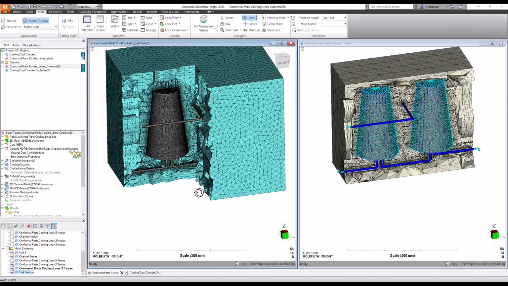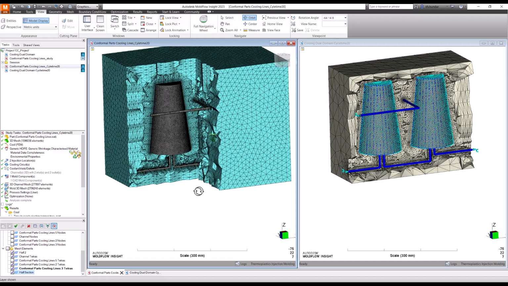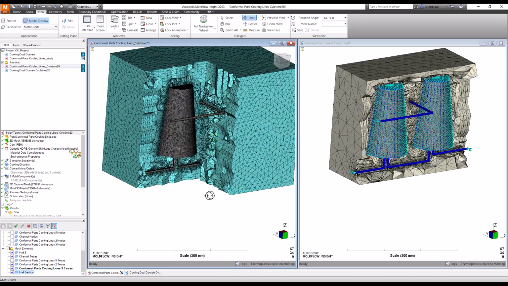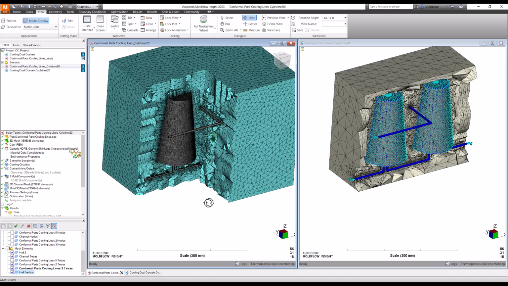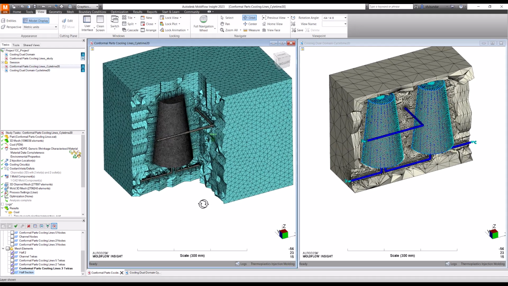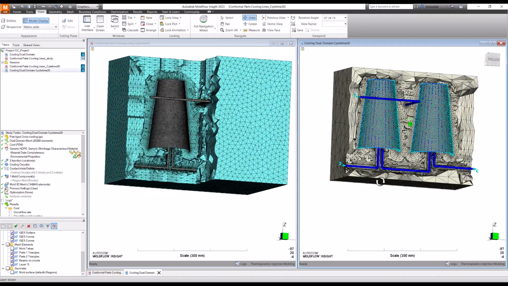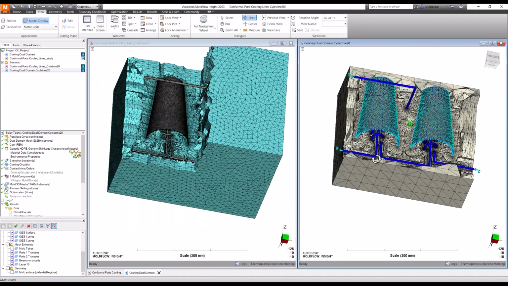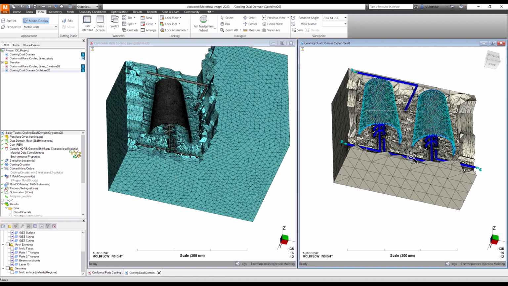As you can see, I am doing a comparison between a 3D mesh with all 3D part, cooling channels and the mold, and on the right hand side I have a dual domain mesh with the 1D element and mold model as the 3D part over here.